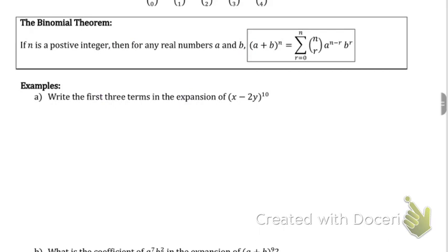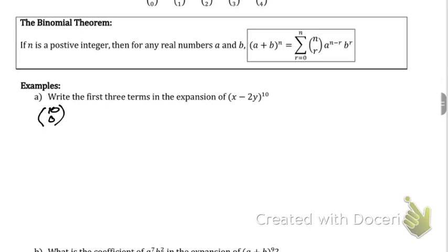We're not going to use it in the Riemann sum formula. We're just going to use it to write the first 3 terms of this expansion. So the first thing you're going to look at is your exponent is 10, so you're going to do 10 choose some number for every single term. For our first coefficient, we are going to have 10 choose 0.